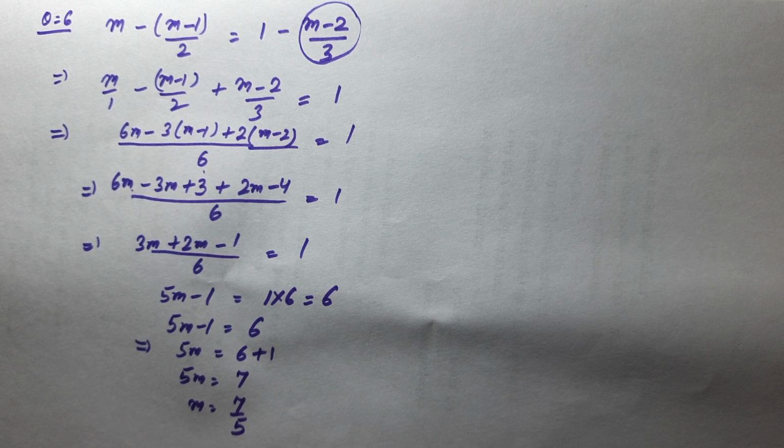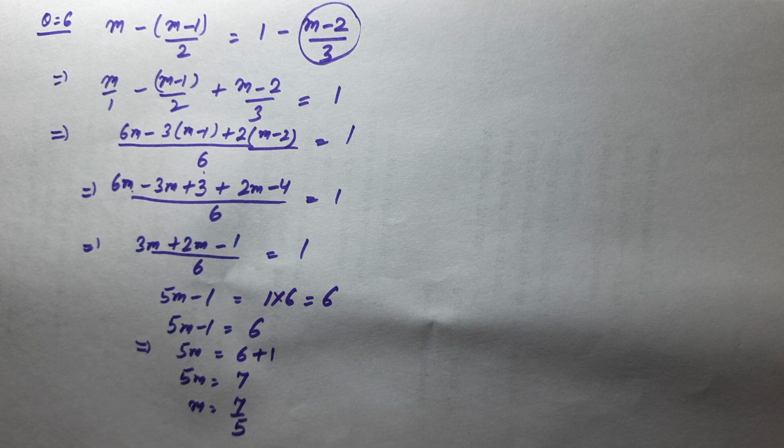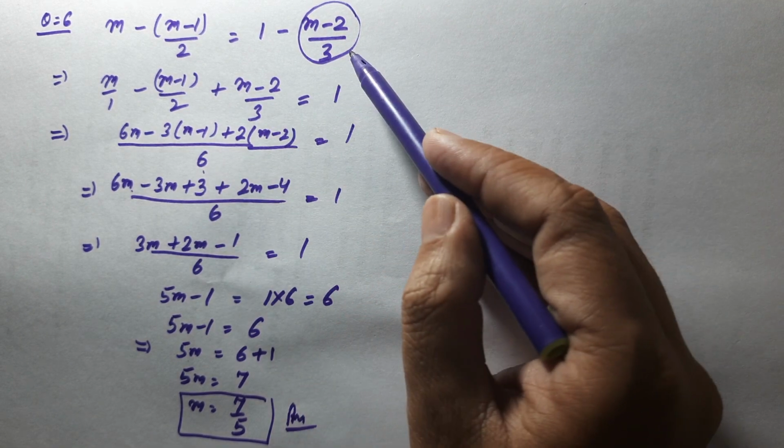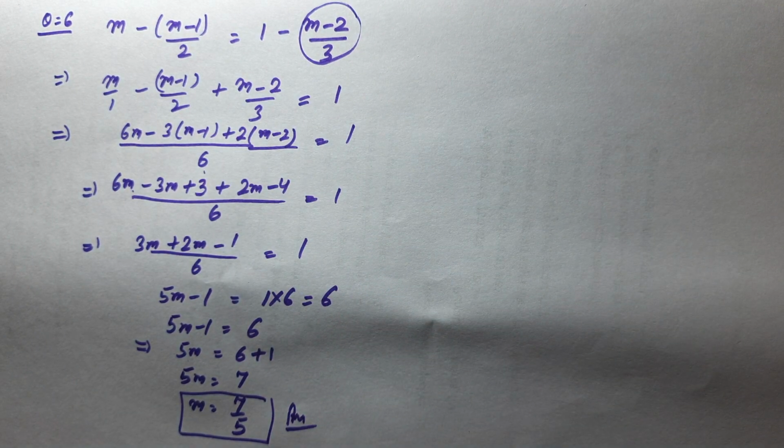Or you can convert it into decimal form, mixed form, any of the forms. So m comes out to be 7 upon 5. As in the statements in fraction form, you can write it as it is. Hope all the concepts are clear. First of all, you have to do the simplification, variables along the same side, and do the adjustment, division, multiplication or transposing as it is. Thank you children.